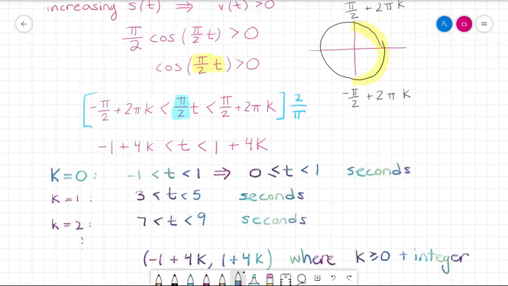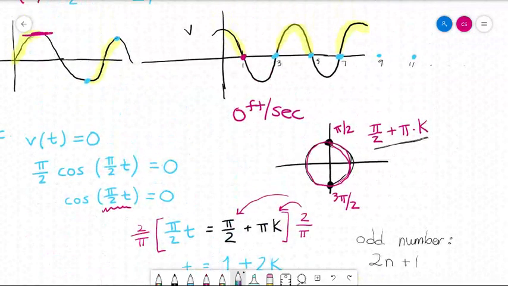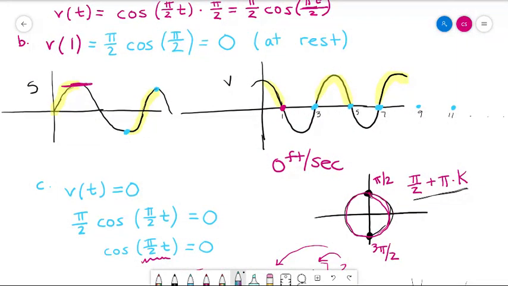And if we go back up to our very rough sketches of the position function and the velocity, that's exactly what we have, right? We have 0 to 1, 3 to 5, 7 to 9, 11 to 13, etc. So those were these intervals right here, 0 to 1, 3 to 5, positive direction, we're increasing.